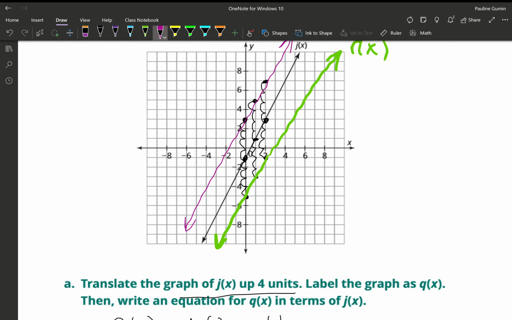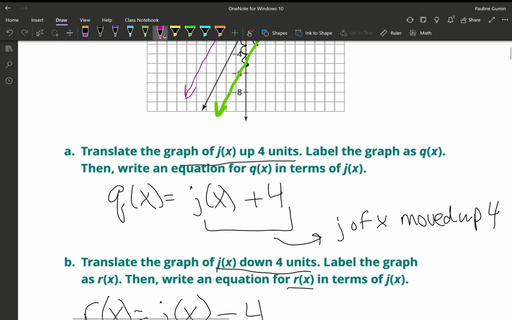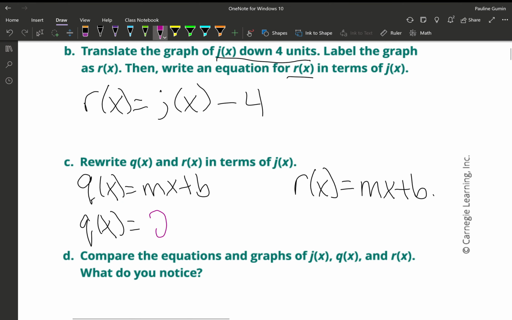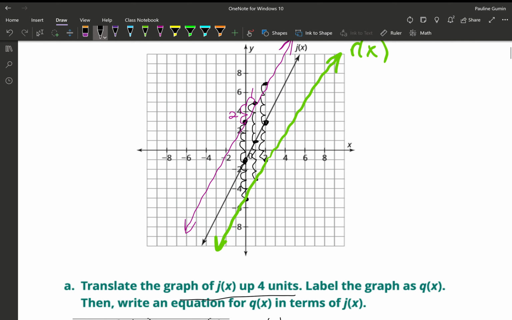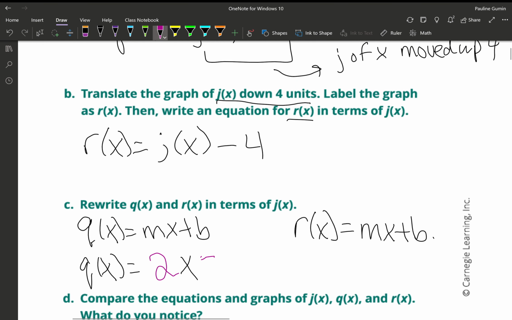We're going to go left to right. It's up 2 to the right 1, that's a slope of 2. So 2x. And then our y-intercept is where I cross the y-axis. And it looks like I crossed the y-axis right here at 3. So plus 3. Wondrous.